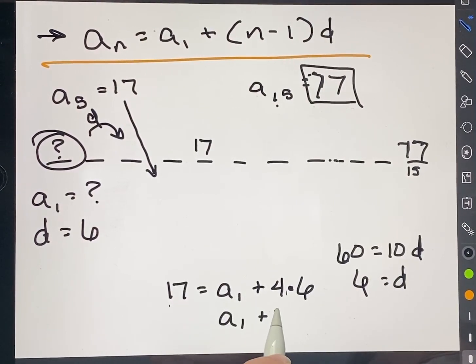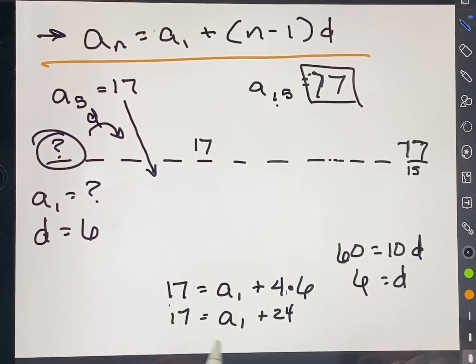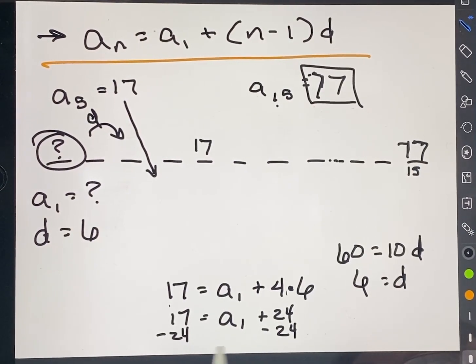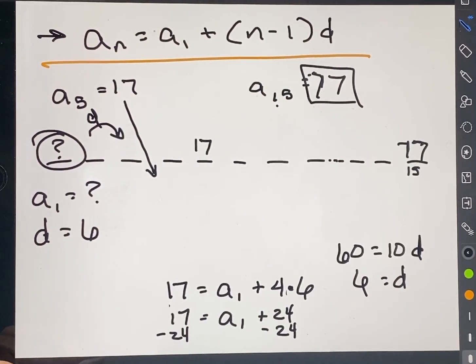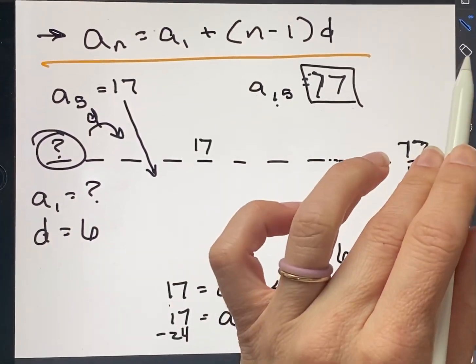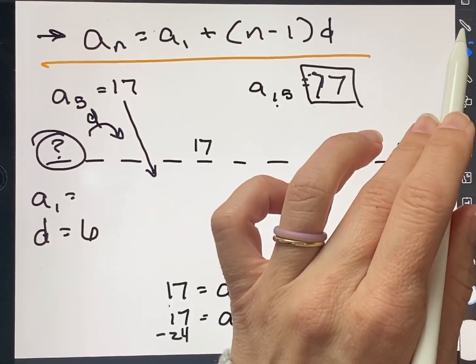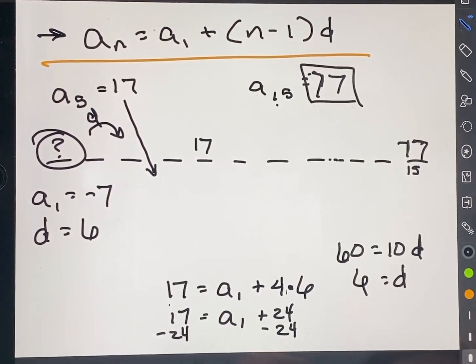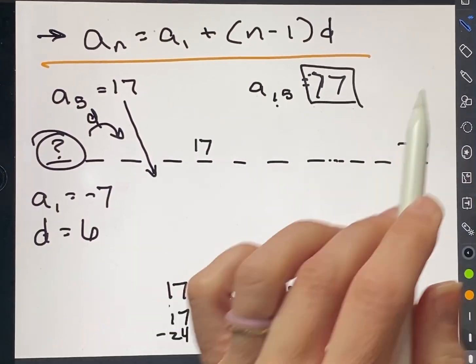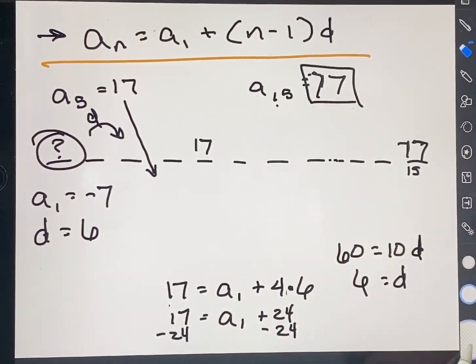So A sub 1 plus 24 equals 17. I'm going to change sides, change signs, or subtract off. So I have 17 minus 24 gives me -7. So I started at -7.